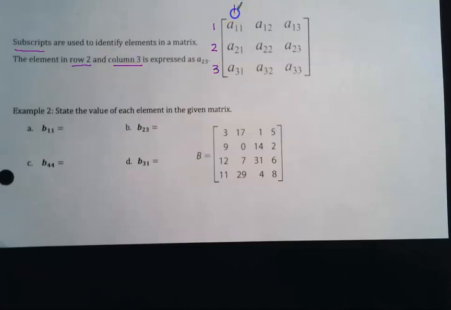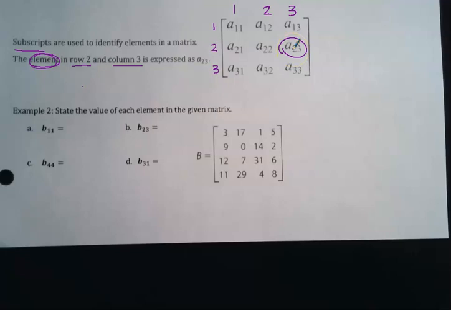So columns, we have column 1, column 2, column 3. Remember, an element is each number. So the element in row 2, column 3, we express as A, 2, 3. The name of this matrix is A, and this is the second row, third column.